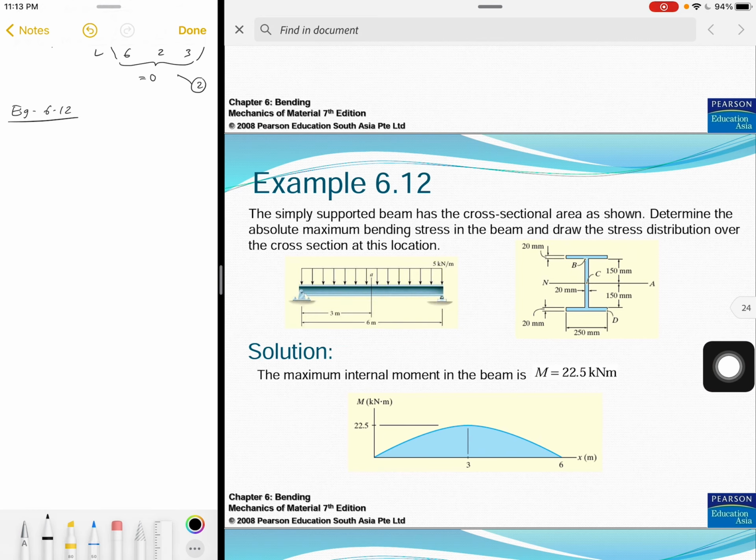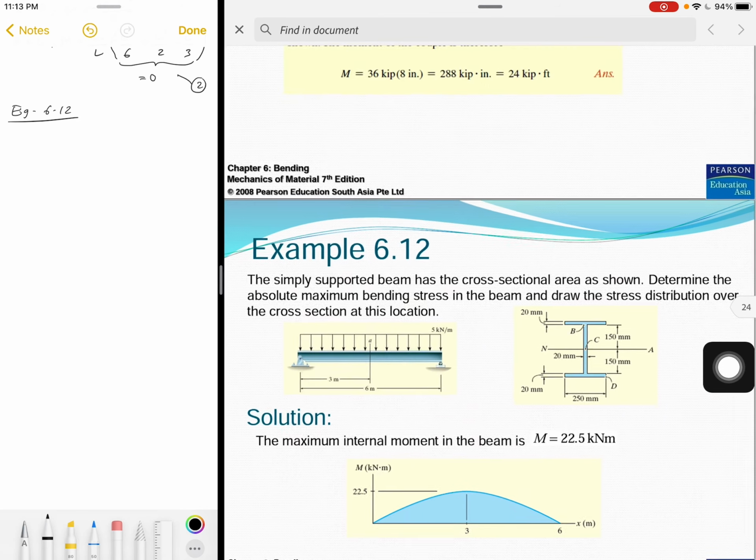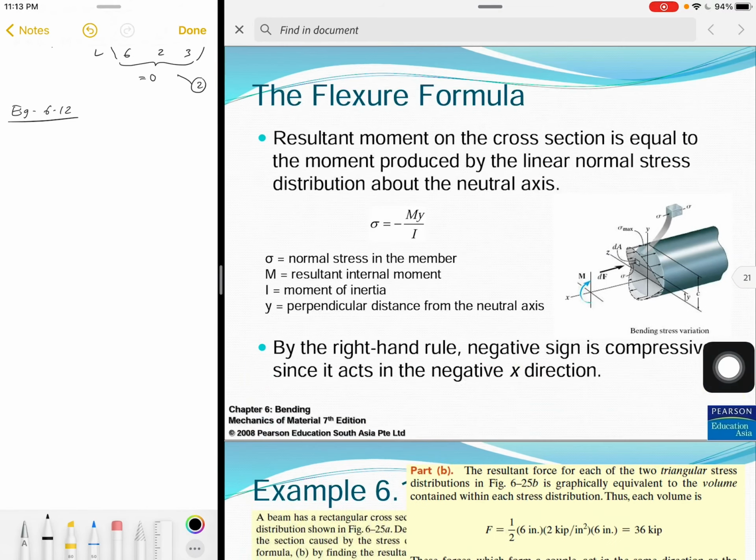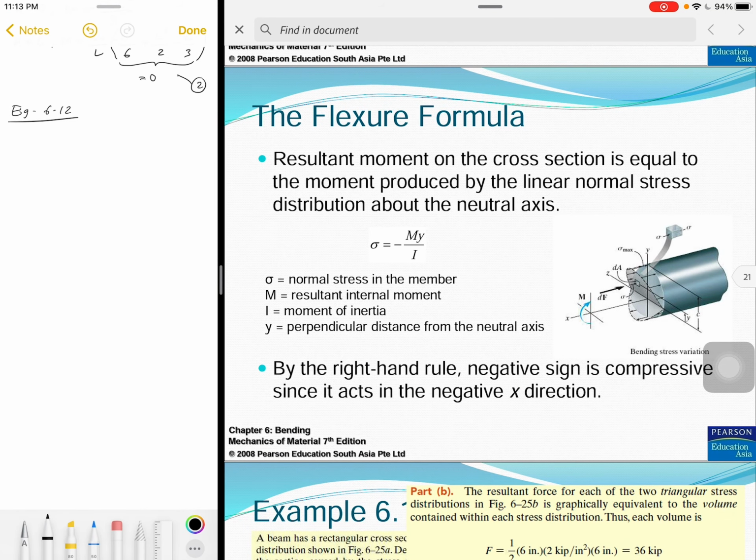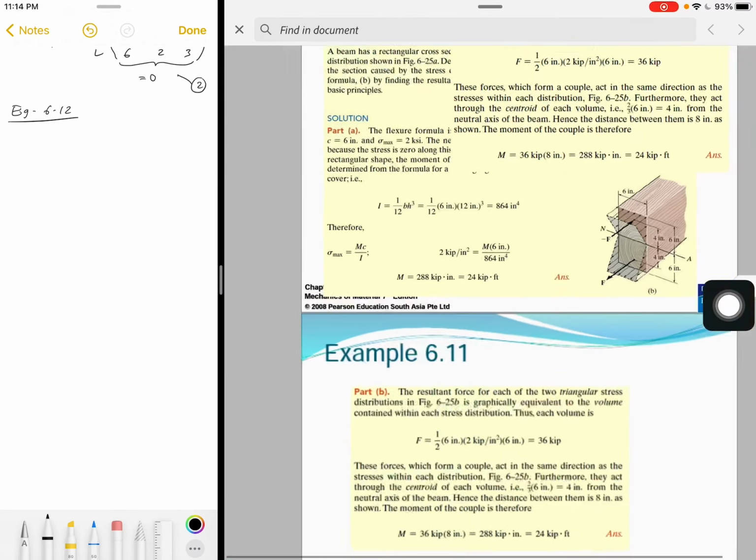Sometimes we want to find the maximum stress, and maybe some other problem related to this subtopic. So first of all, you need to find the moment inside this beam, so that you can use the formula right here to calculate the stress in the member.